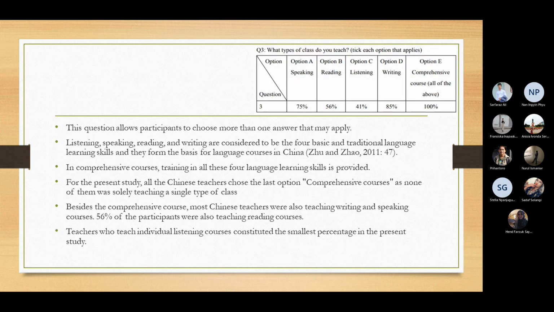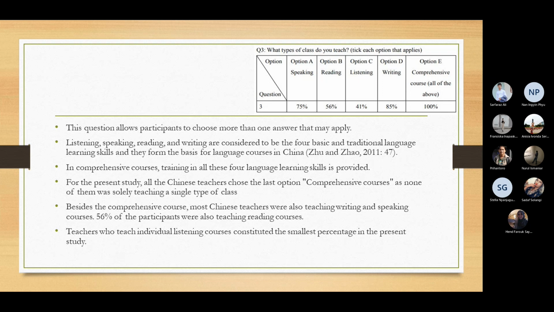So the third question included in the questionnaire was: what types of class do you teach? The question is asked because the writer wanted to check listening, speaking, reading, and writing skills, which are considered the 4 skills, as the writers Ziyu and Zhao have included.